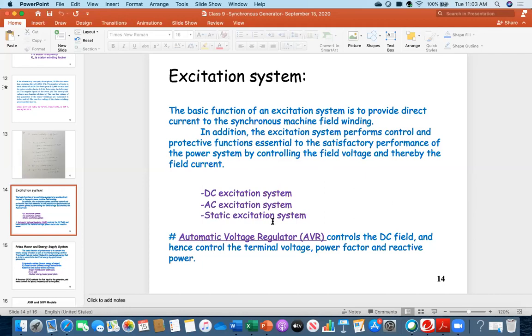Static excitation means you don't have any DC generator, you don't have any small AC generator. You are taking the output from the stator terminal, and after converting it into DC with the help of a rectifier, you are giving it to the field circuit. That is the meaning. So therefore, just for a minute, again I will take you through that one so that you can understand.